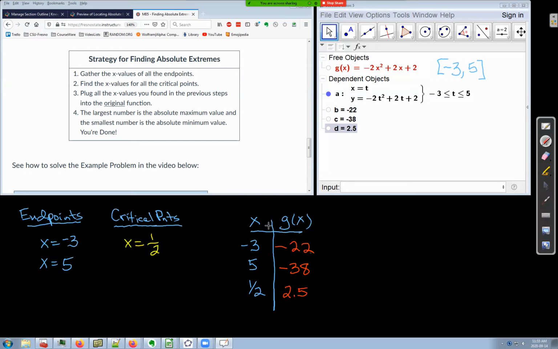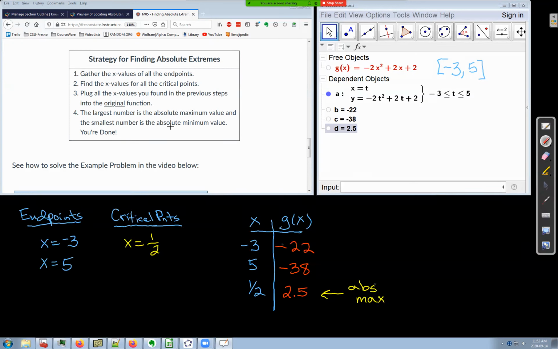The strategy said that the largest of those numbers was the absolute maximum, so this one right here is our absolute maximum.